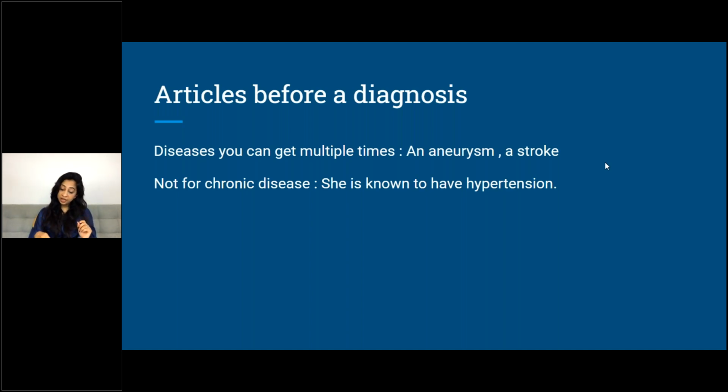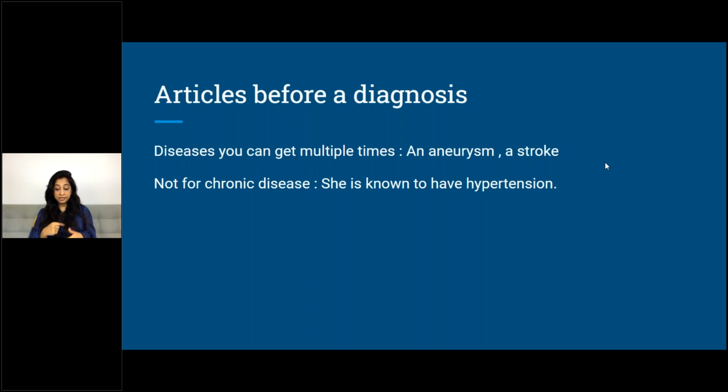She was diagnosed with hypertension in 2009. So it's not a hypertension or a diabetes, or the hypertension or the diabetes. If you have a chronic disease that you can get only once in your life, then you're going to write no articles.